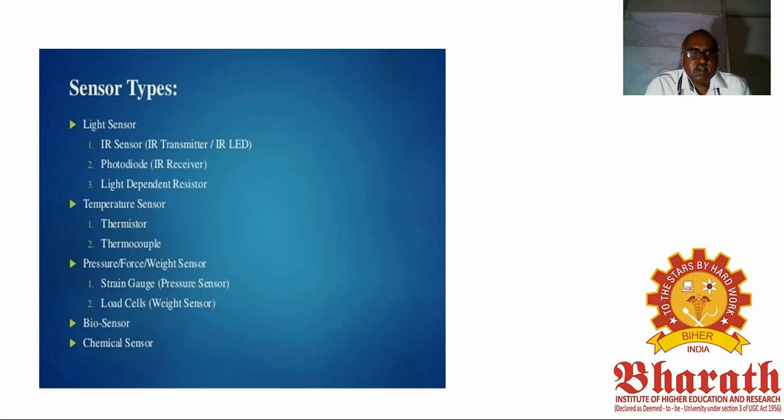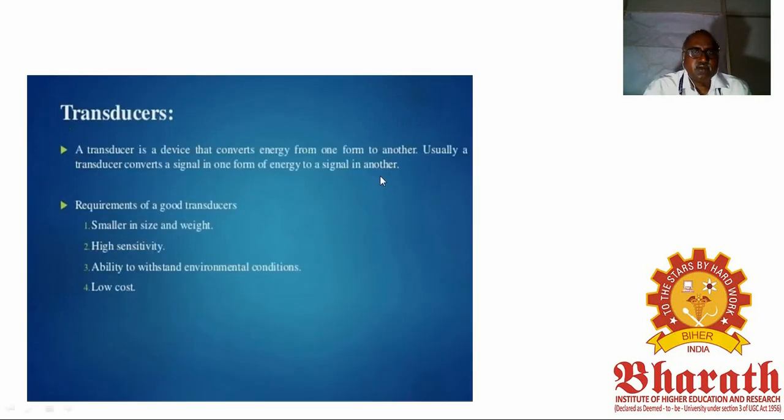Other classifications are biosensors, chemical sensors, etc. Next, we will discuss the transducer. A transducer is a device that converts energy from one form to another. Usually, in electrical applications, we make use of a transducer which will convert any other form of energy into an electrical signal.